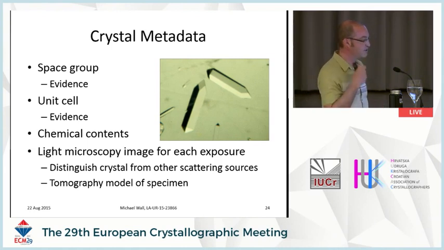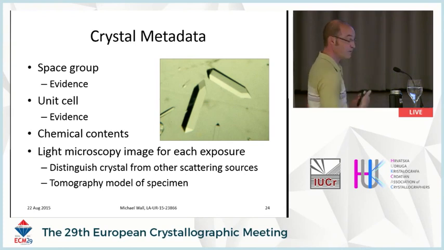Everything in the background may be of similar length scales, so that any extraneous scattering from sources other than the crystal might be confused with the diffuse scattering, so we need to make sure that we can adequately separate the two. And for that, I think it's very useful to have images of the crystal from the beam line.